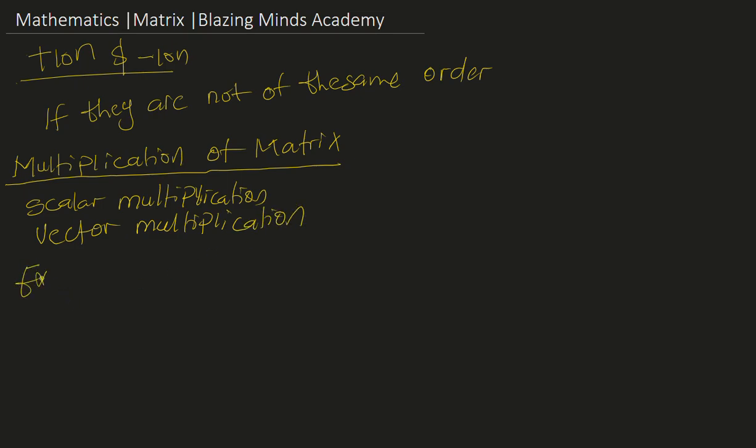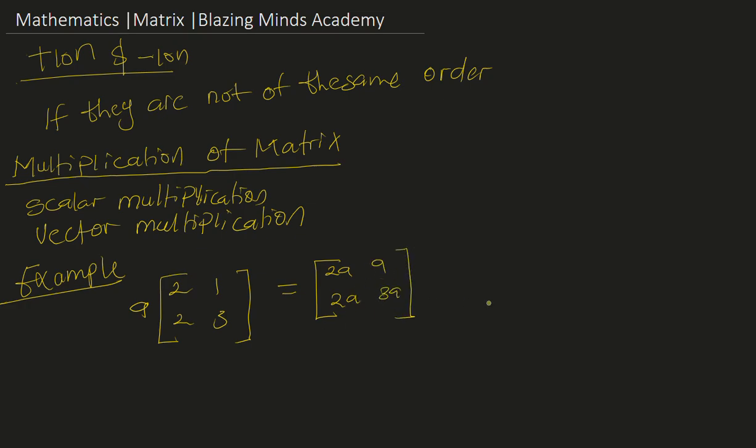It is just if I have a scalar, a number a, and it's being multiplied by, let's say, 2, 1, 2, 3. It takes all the individual elements. We multiply the constant by all the individual elements. So this is 2a, a, and this is 3a. You can see that now.